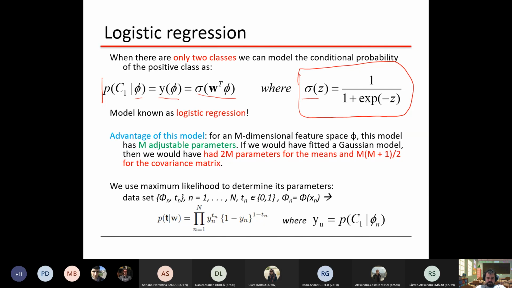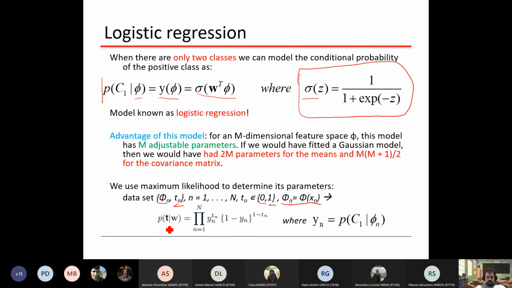And we will be using the following data set. So we have phi n and tn. Now, we initially had xn, but since we go in a different space using the basis function, we define phi n as being phi of xn. And this is why the data set that we have is phi n and tn, where tn is either 0 or 1.